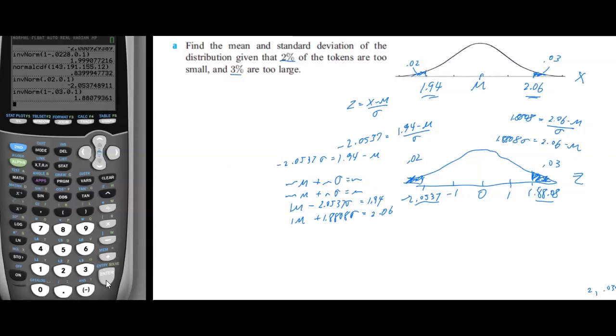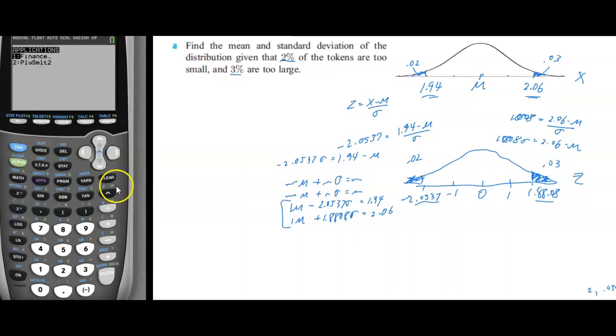Now we have these two equations with two unknowns. We can use poly-SMLT, and we're going to choose simultaneous equation solver, which is number 2. Equations 2, unknowns 2. Next. And now we're going to put in 1, 1 for the two mu's, right?